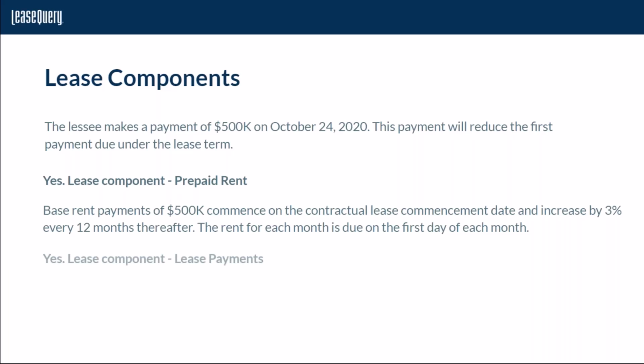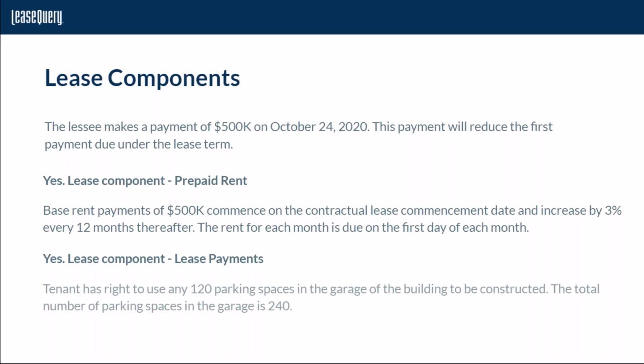So yes, these are going to be a lease component, and these will simply be considered lease payments. We identify them as lease payments because they occur during the term, which means we're going to capitalize these on our balance sheet at present value to identify a present value of what we owe going forward.